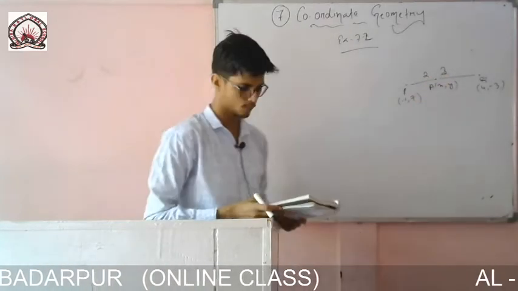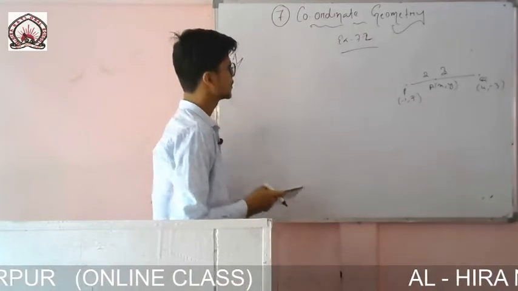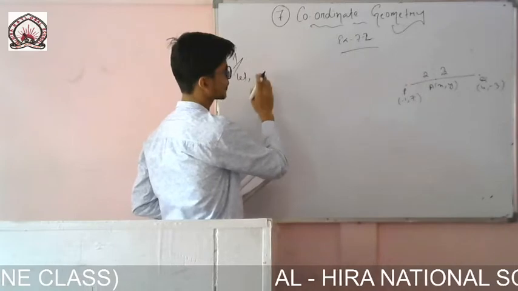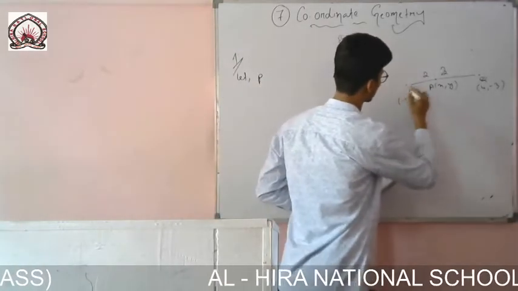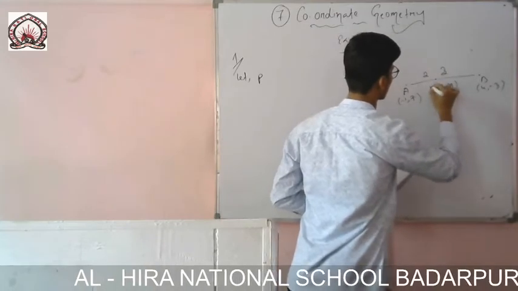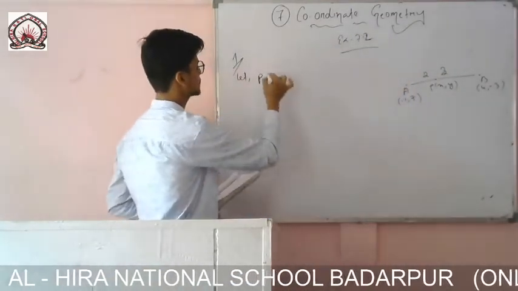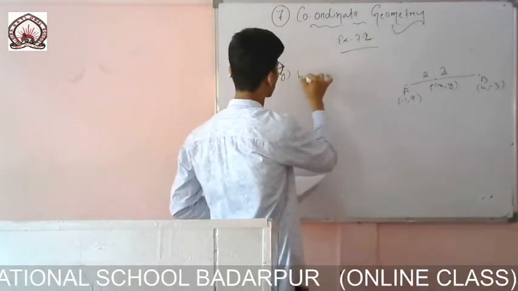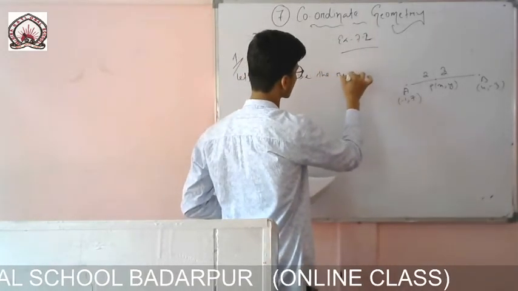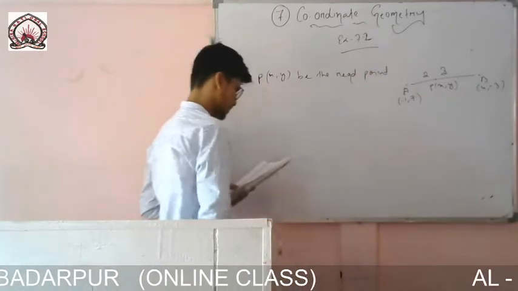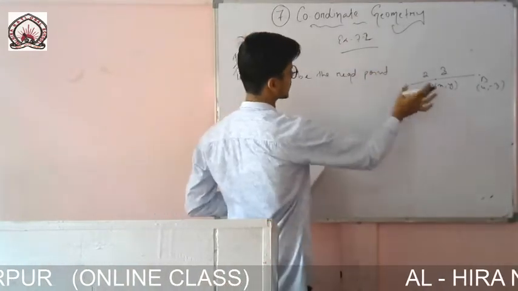We know the section formula, we'll use this and find it. So let P(x, y) be the required point.